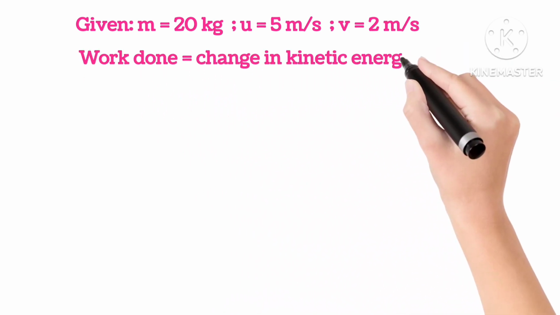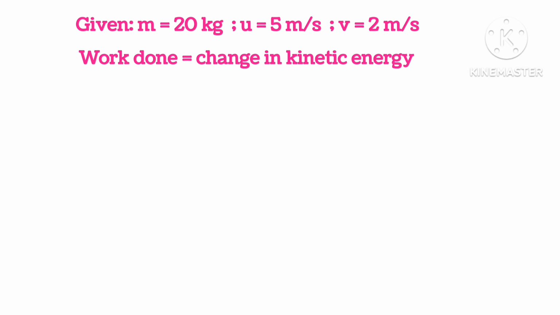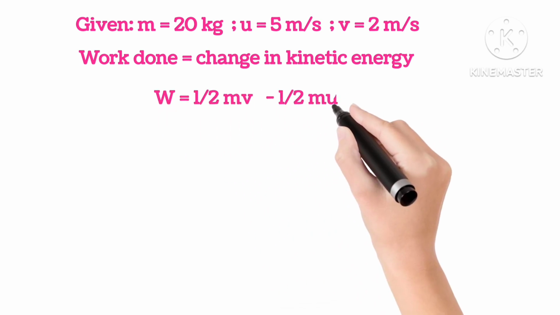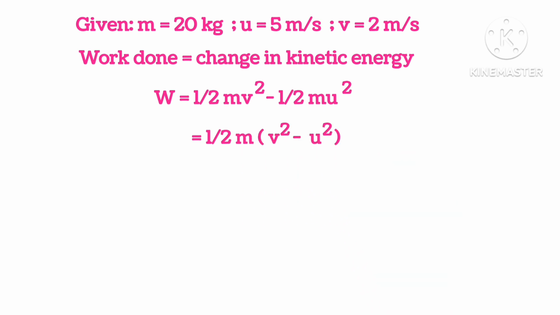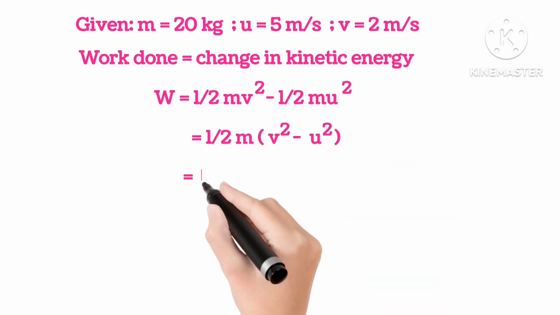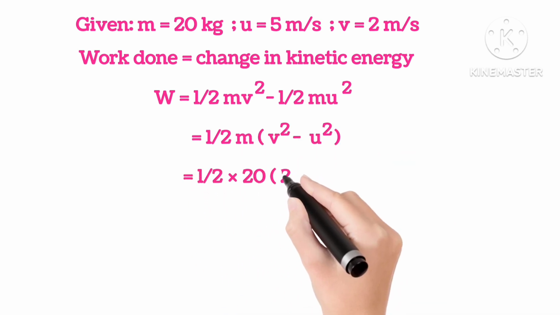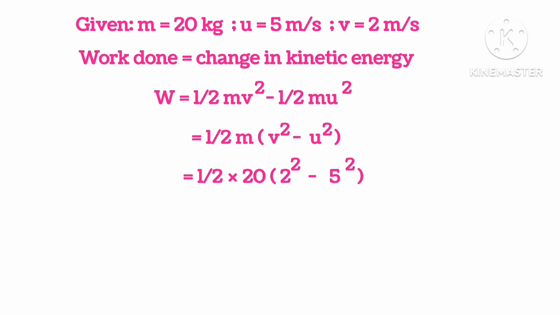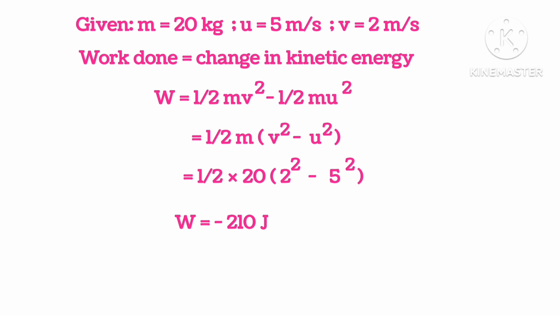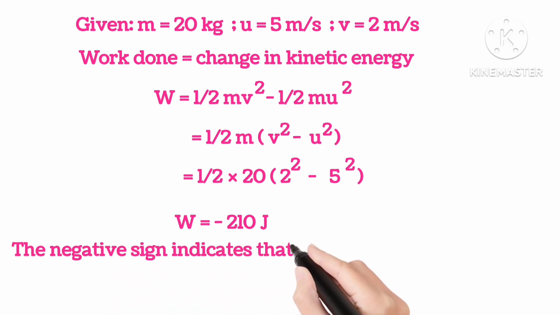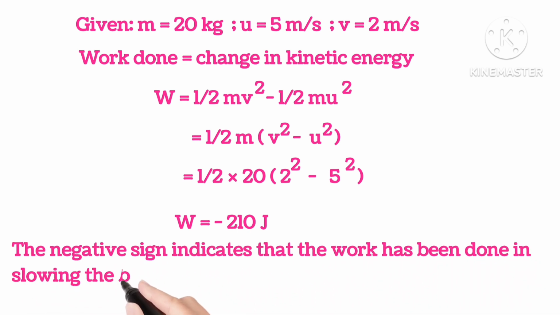Work done is equal to change in kinetic energy, which is half mv square minus half mu square. That can be written as half m (v square minus u square). Putting the values, we get work done as minus 210 joules. The negative sign indicates that the work has been done in slowing the body.